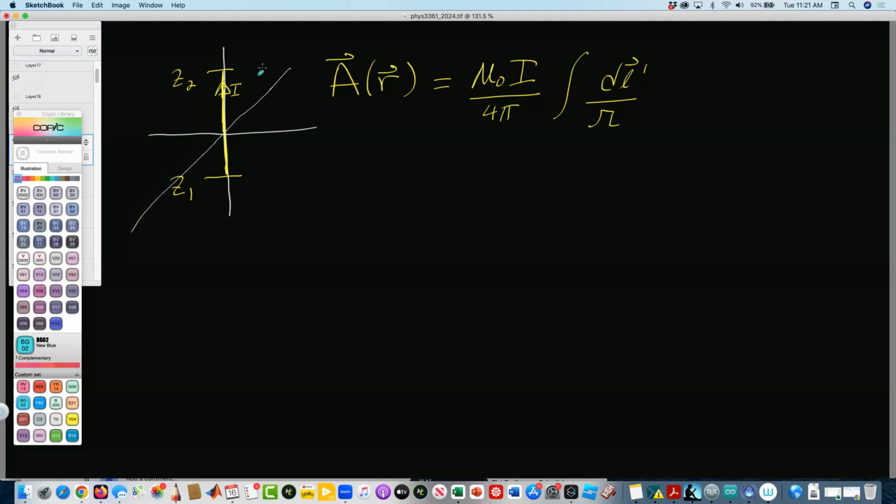Then we'll have an r going out to the field point as usual, and an r prime going out to a current element, right here.